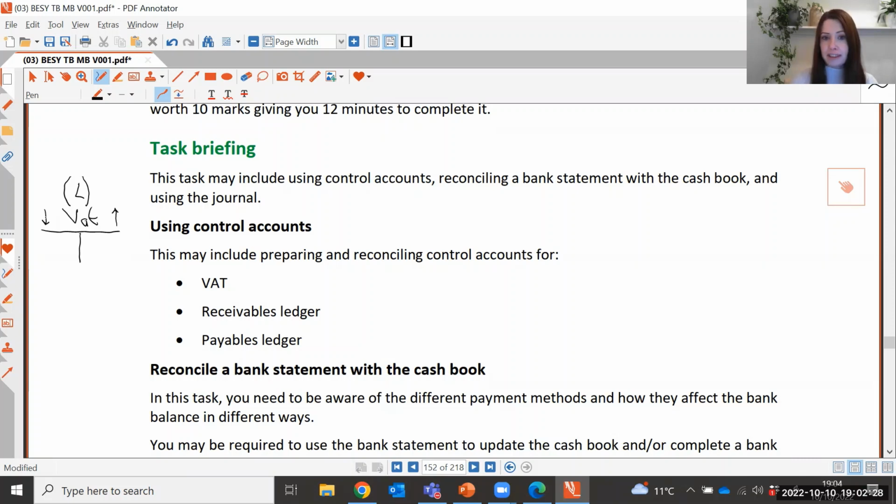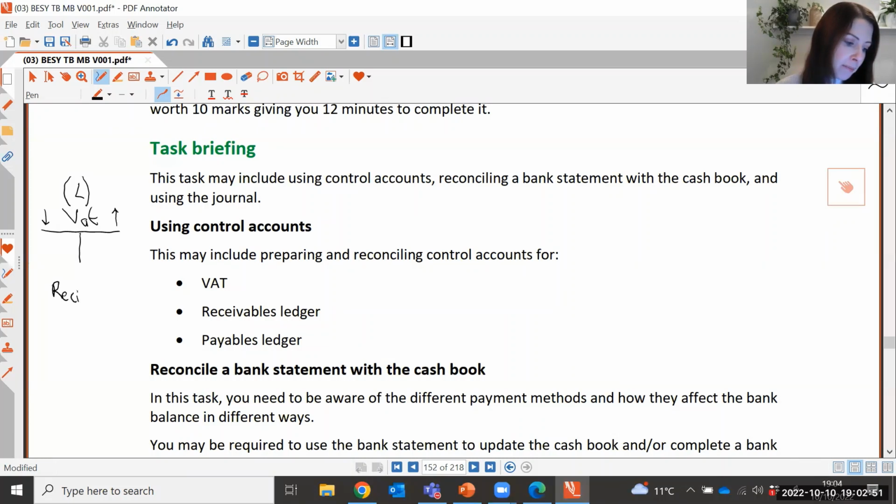Then also we have the receivables ledger. Remember, the receivables ledger is a subsidiary ledger that contains a list of all our credit customers. The totals from the receivables ledger are entered into the receivables ledger control account within our general ledger.